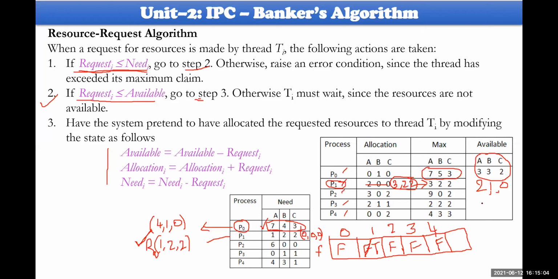So 2 plus 3, that is 5, and then 1 plus 2, that is 3, and then 0 plus 2, that is 2. ఇది ఇప్పుడు allocation. Second, and after completion of this particular process 1, this is the snapshot of availability.